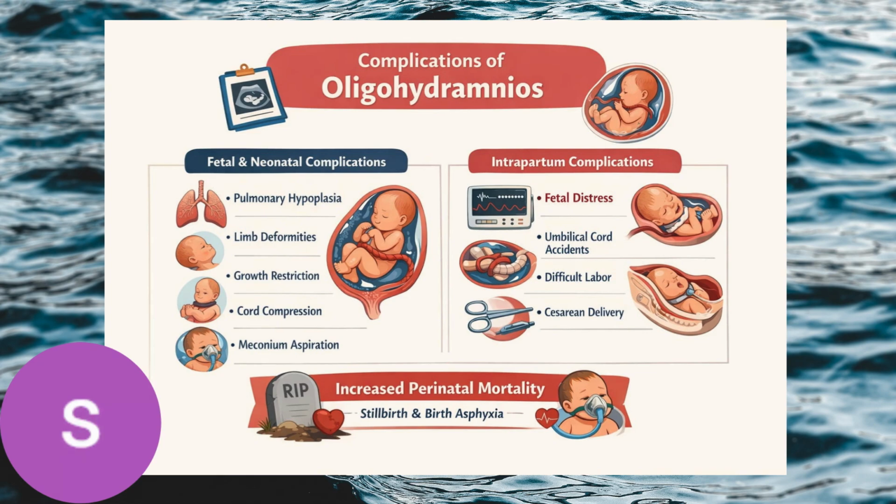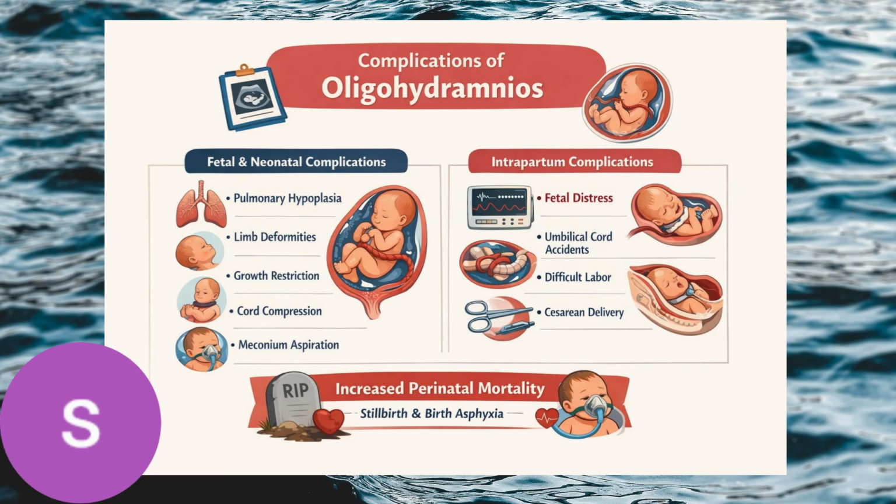Complications of oligohydramnios. Oligohydramnios is associated with several maternal and fetal complications depending on the gestational age and underlying cause. Fetal complications include intrauterine growth restriction due to chronic placental insufficiency and fetal distress caused by umbilical cord compression.